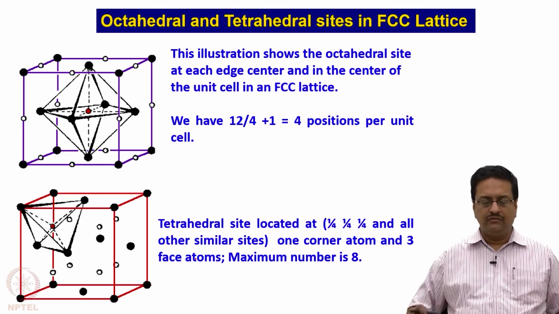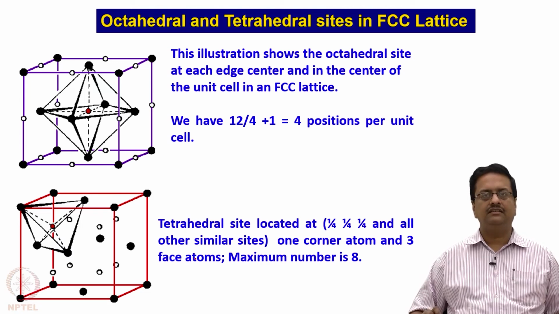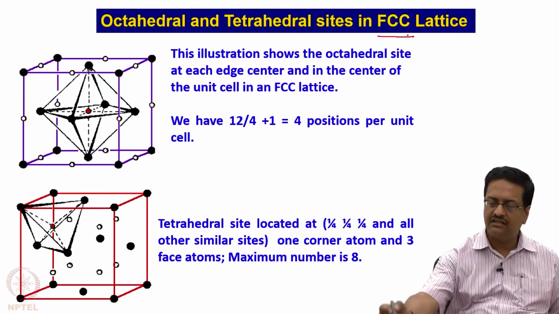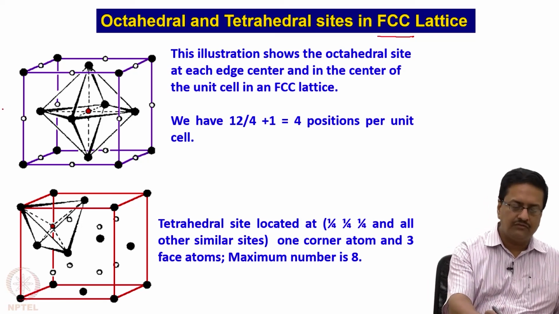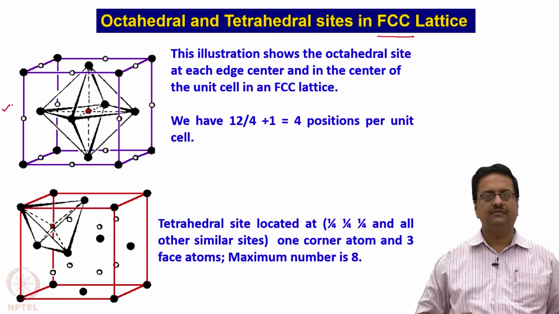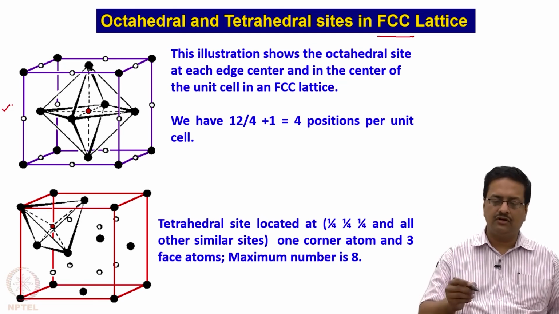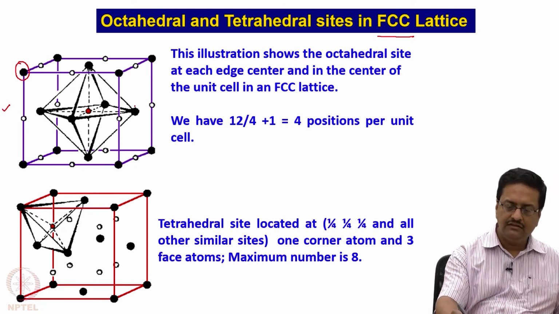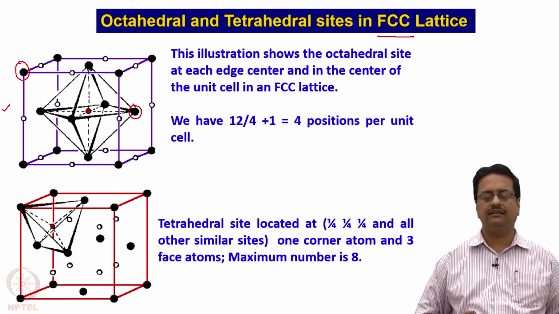So now when we try to understand the tetrahedral and octahedral sites for the face-centered cubic lattice, the figure above has a face-centered lattice where you have black dots at 8 corners and 6 faces representing the face-centered cubic lattice.